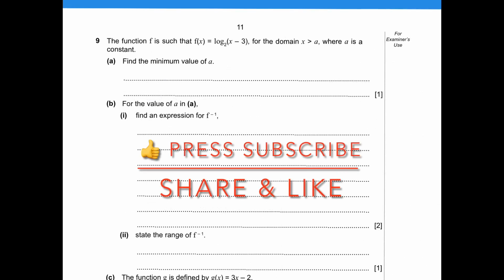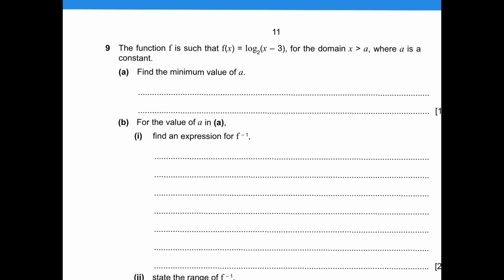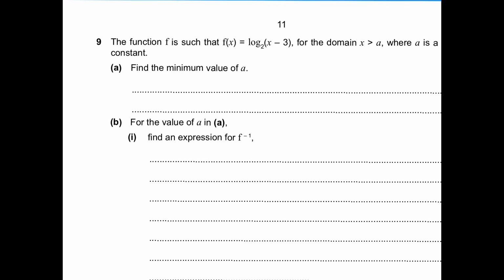Now looking at question 9, the function f is given such that f of x is equal to log of (x minus 3) base 2 for the domain x is greater than a, where a is a constant. Find the minimum value of a. Now the first thing that we need to understand there is that we cannot have log of a negative.